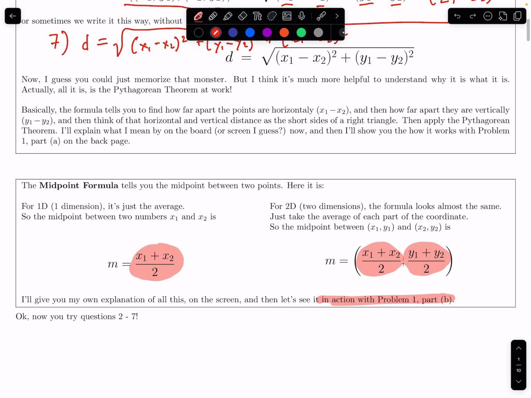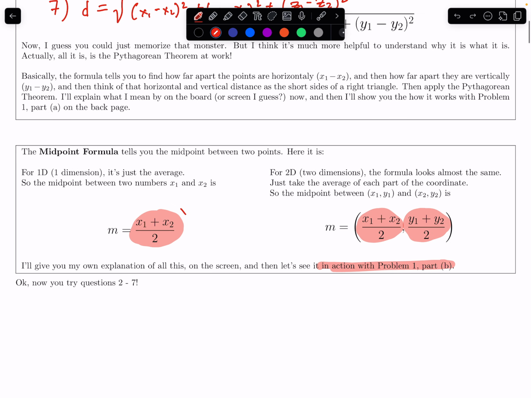Okay, what about midpoints? Well, here's 1 dimension: take the average of the x's. 2 dimensions: take the average of the x's and the average of the y's. So for 3 dimensions, if I have x1, y1, z1, x2, y2, z2, the midpoint would be the average of the x's, comma, the average of the y's, comma, and then the average of the z's.